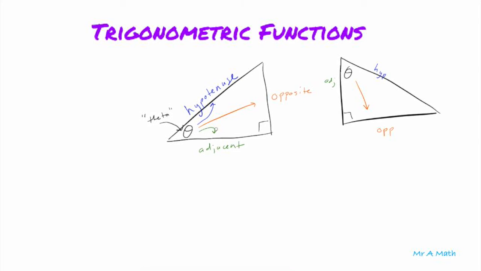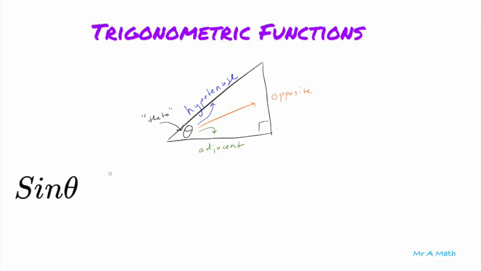And now that we have those things ironed out, we can start to discuss the three basic trigonometric functions that we're going to be dealing with. The first one is a function called sine. Fully spelled out, it's S-I-N-E, but in trig functions, we're just going to label them with only 3 letters.